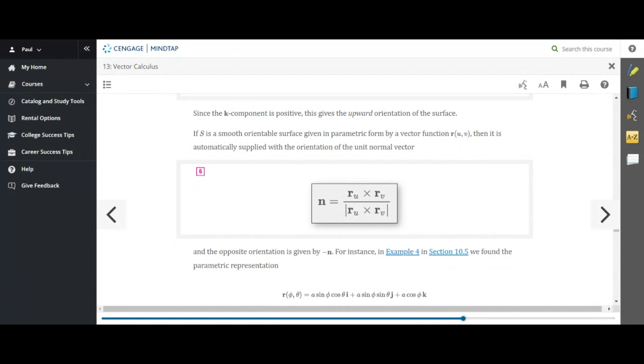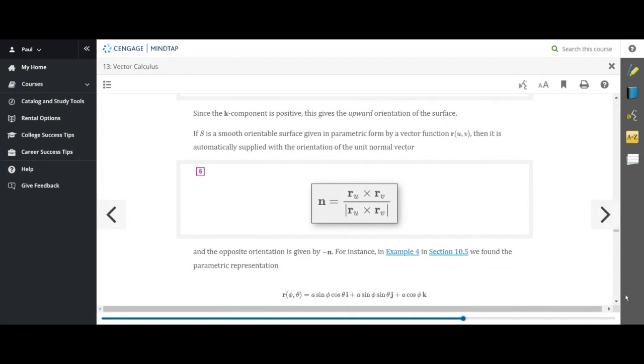When you take the cross product of the derivative vectors for those curves, that's going to get you the normal vector to the point on the surface, because the derivative vectors are tangent to the surface at that point. And if we want the normal vector to have unit length, just divide it by the magnitude of this cross product. Now this is going to come in handy later on.